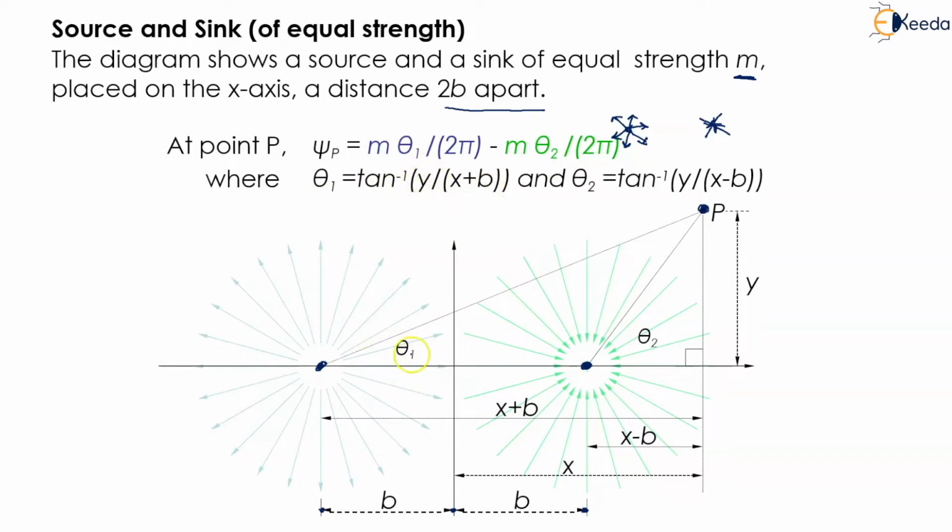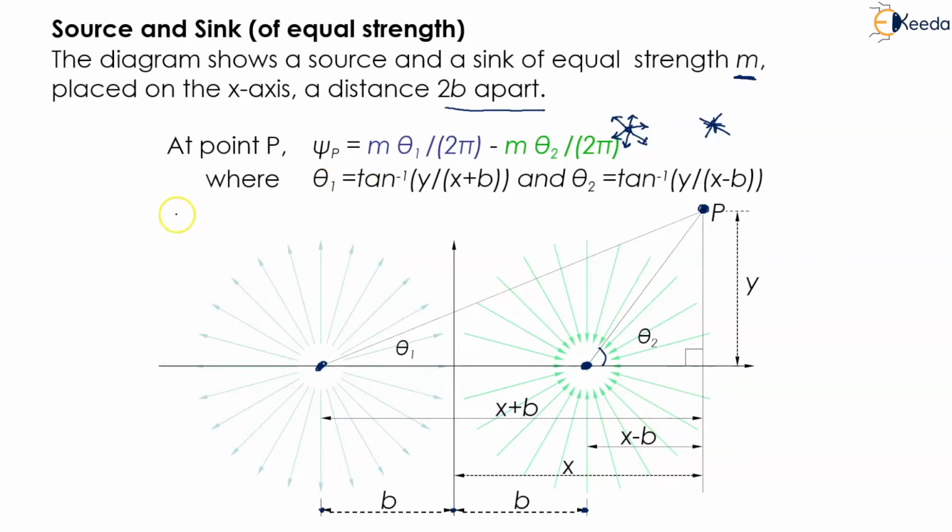Now I have theta 1 over here, opposite upon adjacent, so this becomes y upon x plus b. Theta 2 is equal to tan inverse of y upon x minus b. So this is my theta 2, and this becomes y upon x minus b.